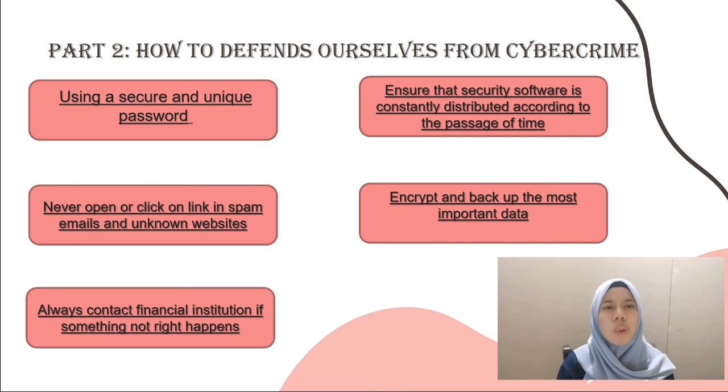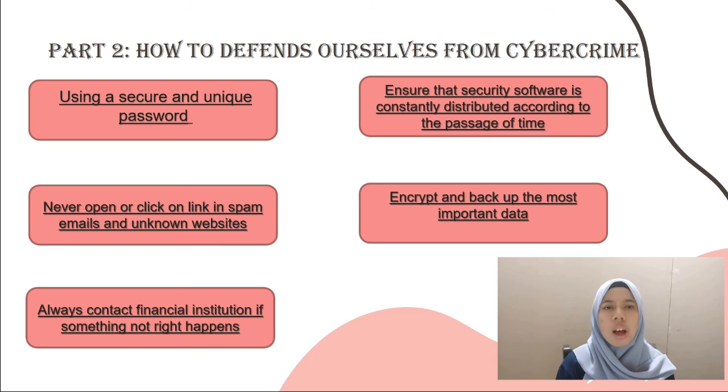Now, what is cybercrime? Cybercrime is any crime that takes place on the internet or primarily online by assaulting a computer network or computer. To defend ourselves from cybercrime attacks, we can use these ways to protect our personal information. First, we can use a secure and unique password.